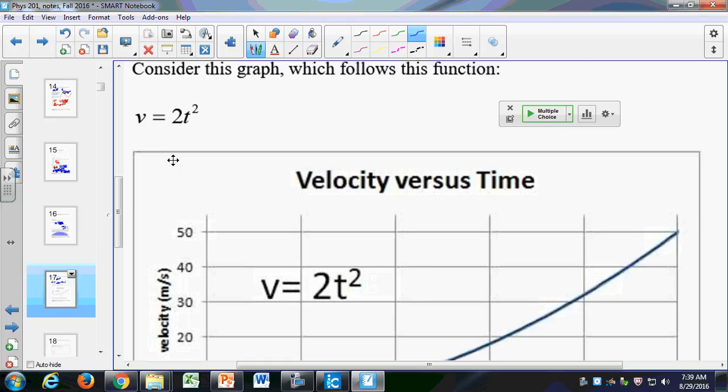So this would be 2 divided by what? 3 times t to the what? The third power. So this integral will be 2/3 t cubed. I would write that as the integral of v dt equals 2/3 t cubed.